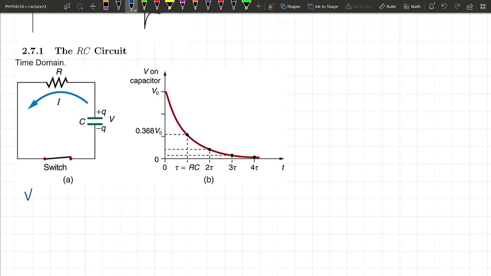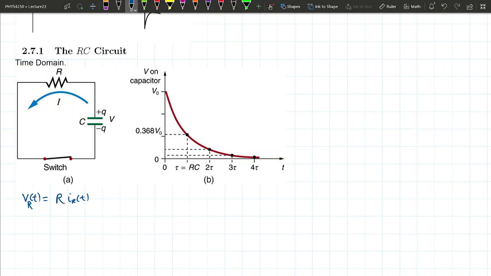Since this is going to be a time-dependent thing, I'm going to use lowercase. Voltage across a resistor is equal to what? What should I put here? A, B, C, D, E, F, G, I have to sing all the way up to R. R, right?